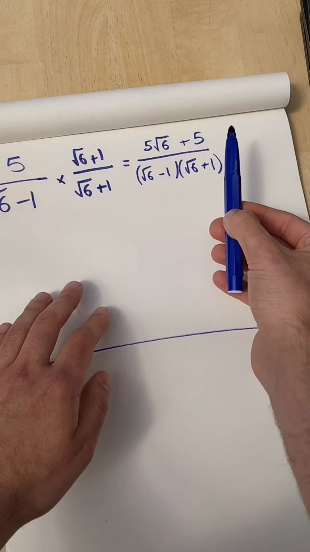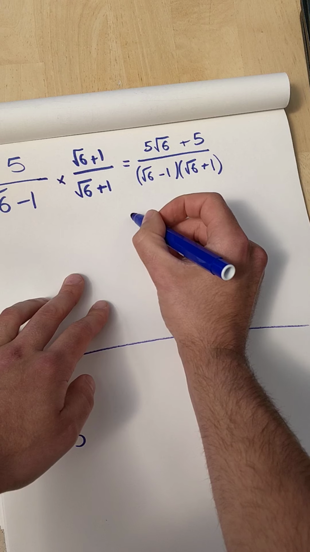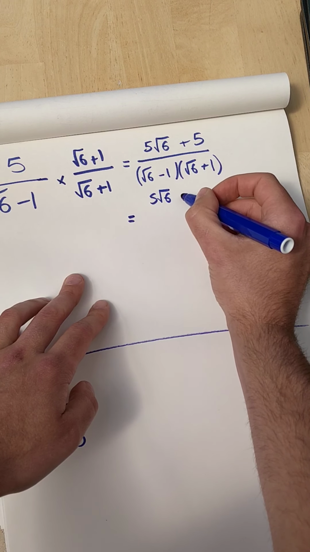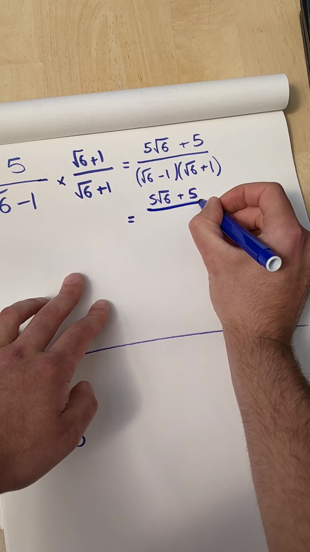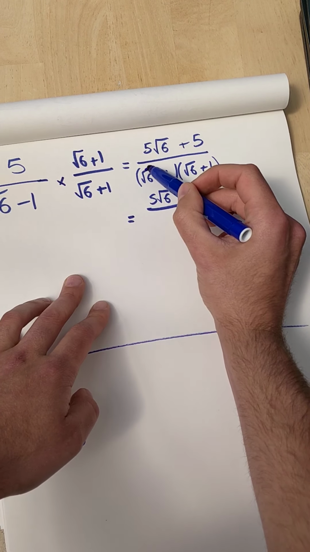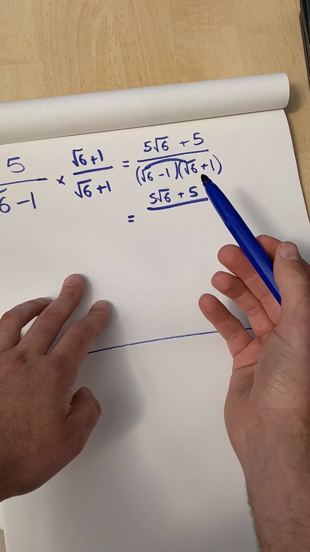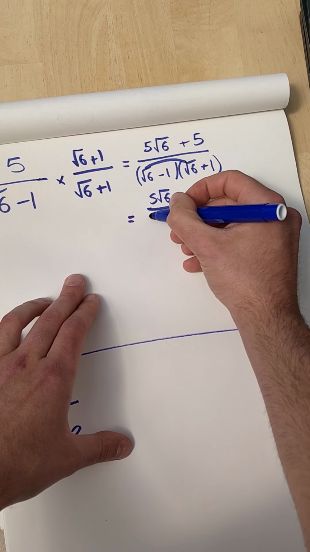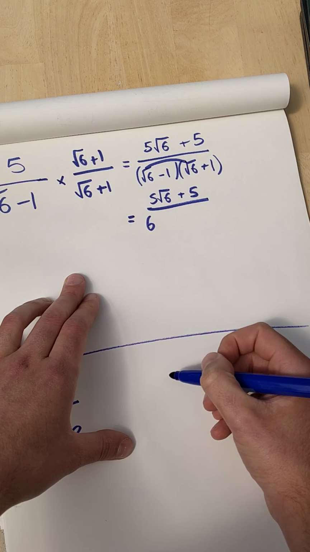Okay, now if I continue this, the next thing I need to do is expand out of these brackets. The top stays exactly the same. Okay, but the bottom, I'll do it little by little, is I would do the root 6 multiplied by the root 6. Now root 6 times root 6, root times root, that is just 6.